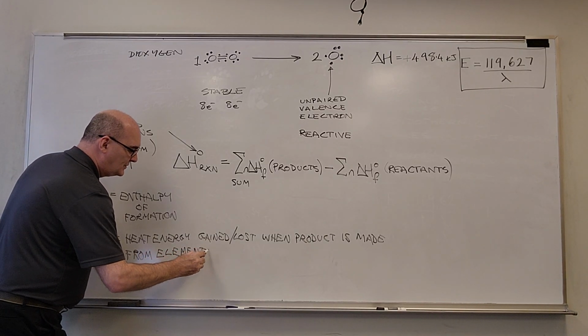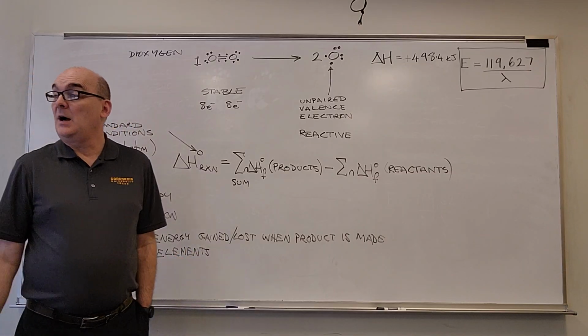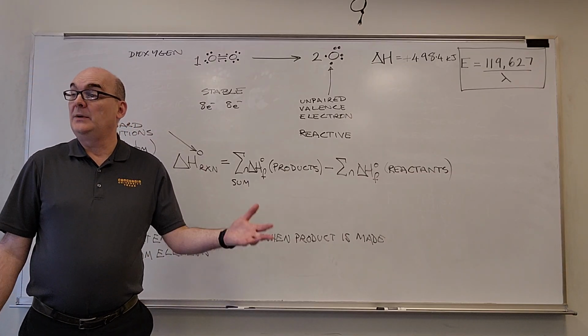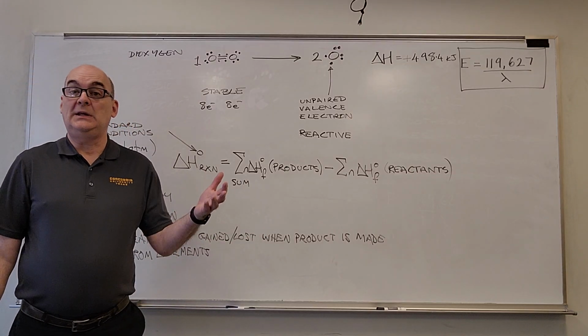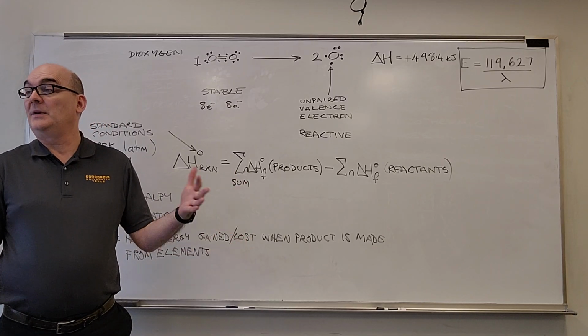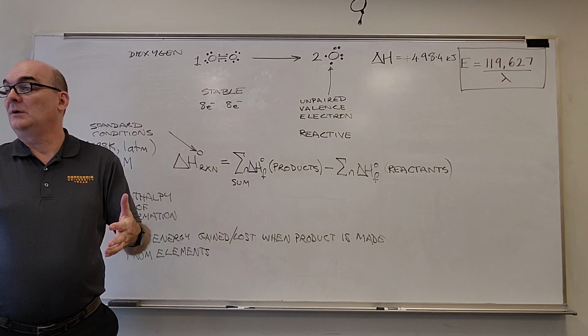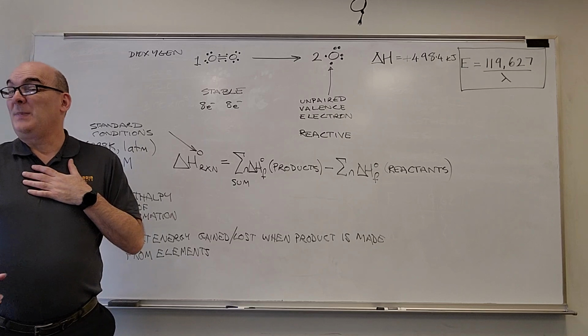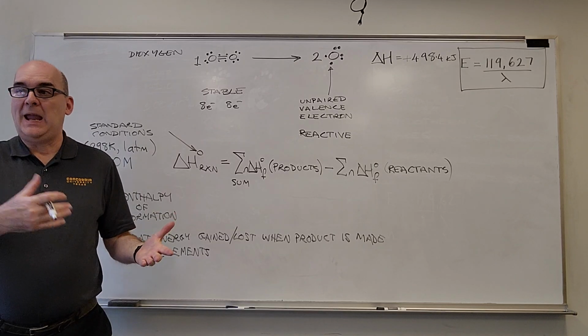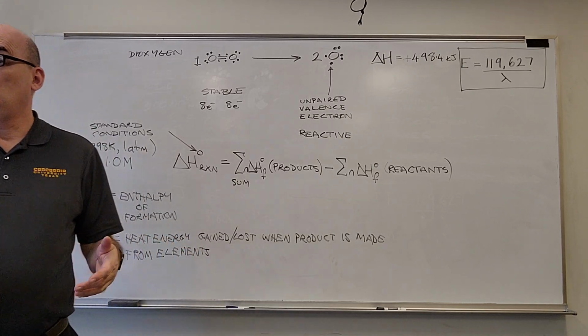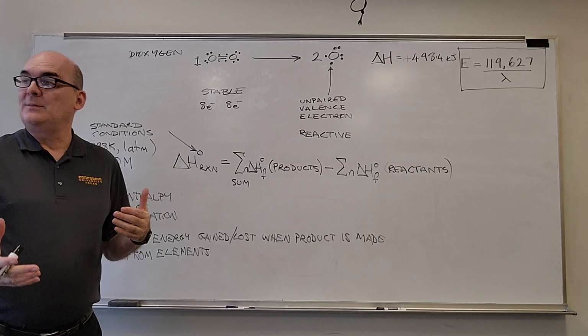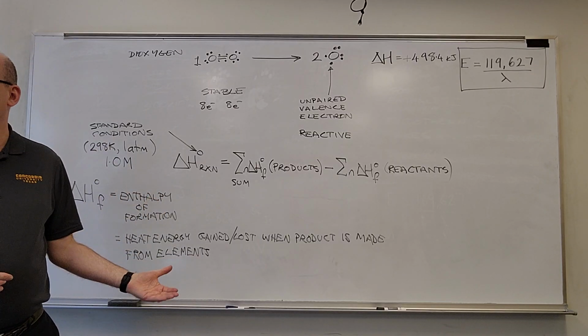Okay, so if I was making carbon dioxide, I would need carbon and oxygen. I would need 1 atom of carbon and 2 atoms of oxygen in order to make one molecule of carbon dioxide. If I was making ammonia, NH3, I would need 3 times as many hydrogens as I have nitrogens.